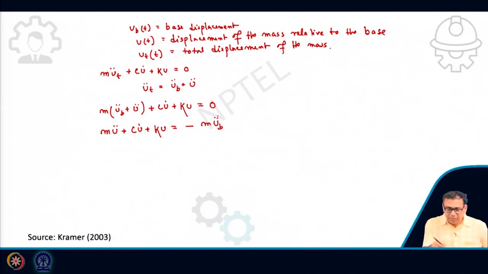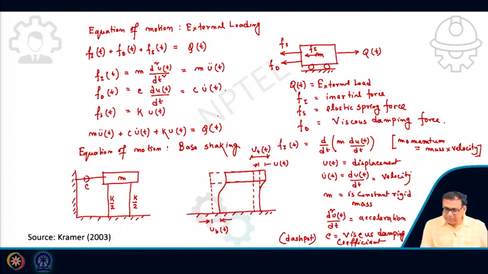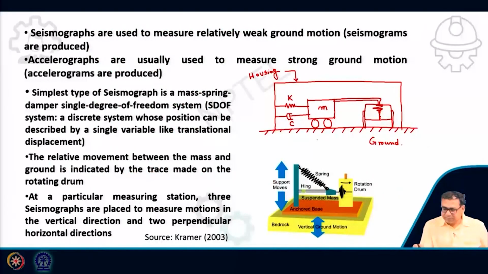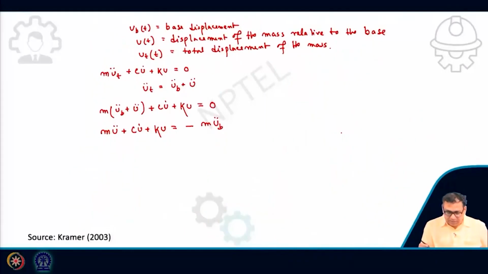Now from here, how can I correlate these things with our ground motion case? Here I can write similarly: m u double dot plus c u dot plus k u equal to minus m u_g double dot.